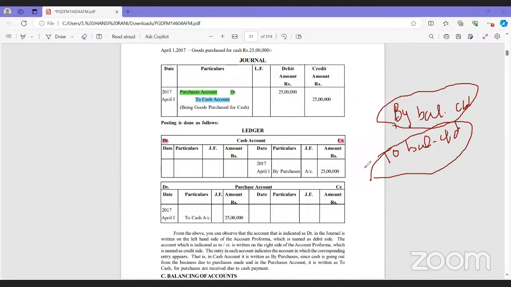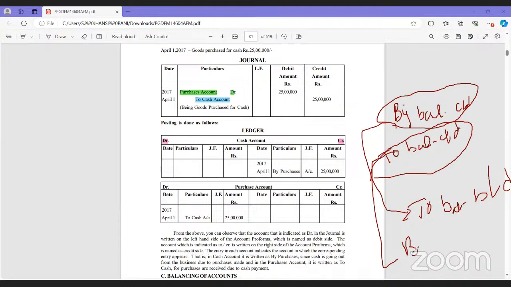When we bring it to the next month or next year, it will become "To balance brought down", meaning we are bringing that balance to the next month. Similarly, this will become "By balance brought down".